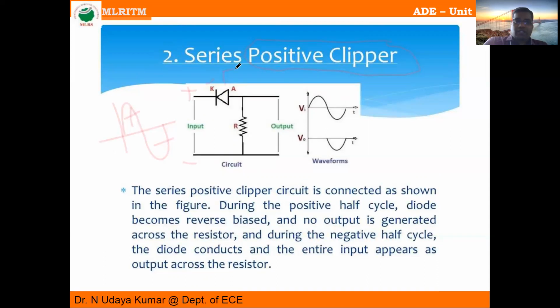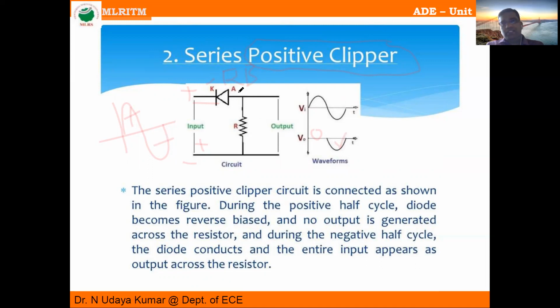Now it is reverse biased, meaning off for the positive half cycle. That means there is no output. Output is zero at the positive half. Again the negative half is given. So this is negative, this is positive, the diode is forward biased. So there is an output.